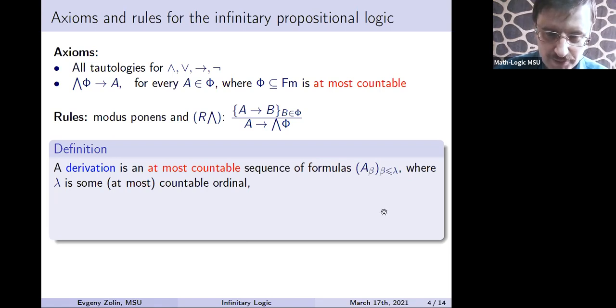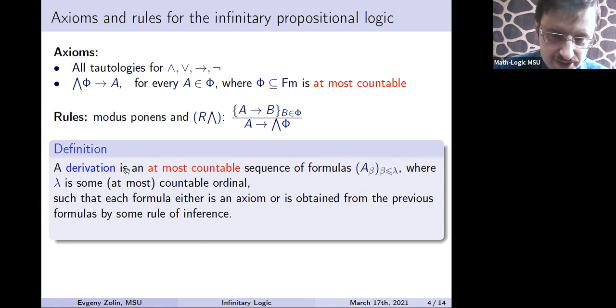So A omega plus 1, A omega plus 2, A omega plus omega, and so on. So proofs may be rather long, omega times omega, and so on. But at most countable. Why we make this restriction, we will discuss later. It is an important thing.